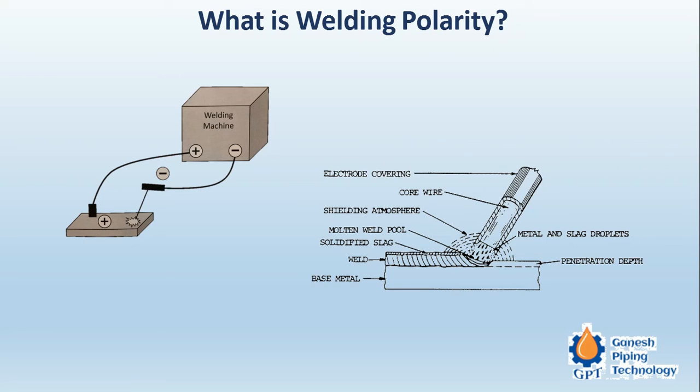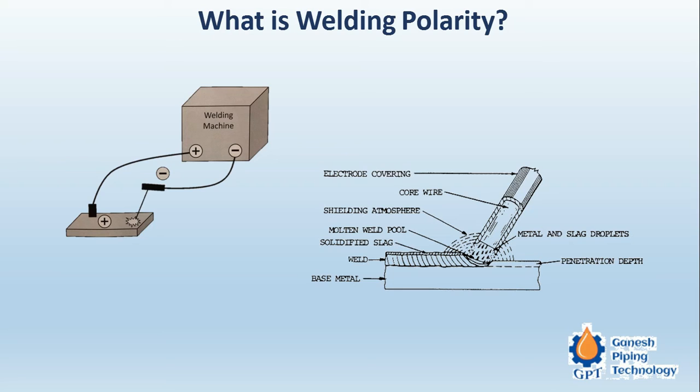Now here we can see one important concept of welding, that is called the polarity of welding. Welding can be used both for joining and cutting the metals.